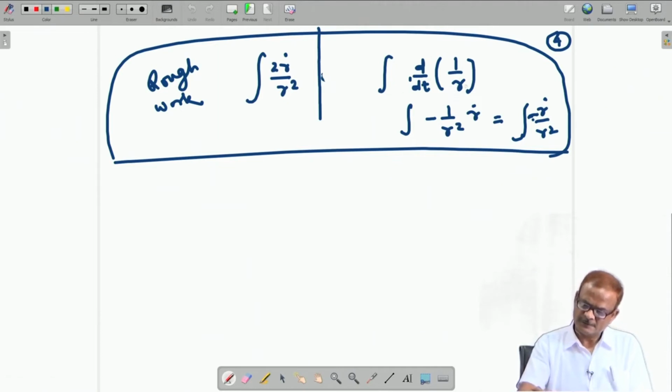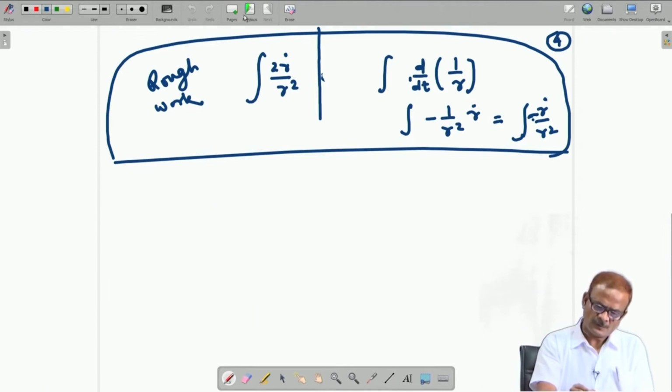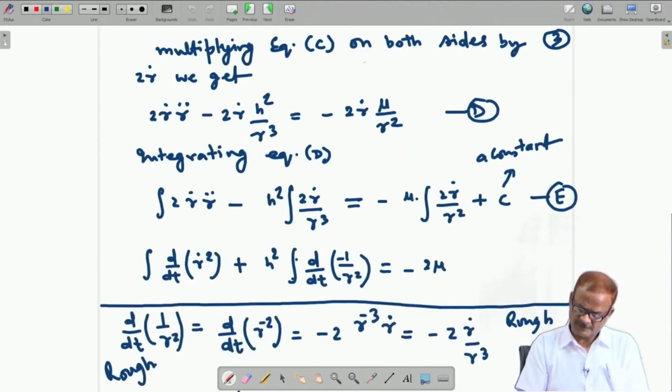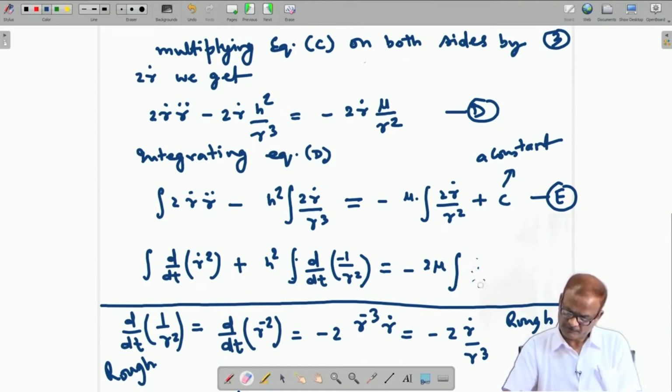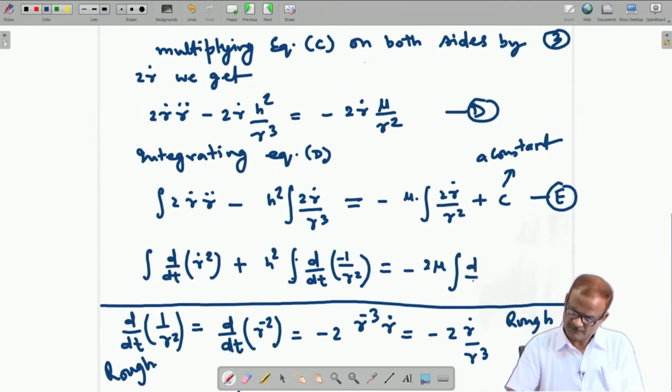So, if you now integrate it, see here what we are doing, that once we have written it like this, on the right hand side also we will write in the proper way, minus 2 mu. So, this is 1 by r d by dt plus 1 by r.